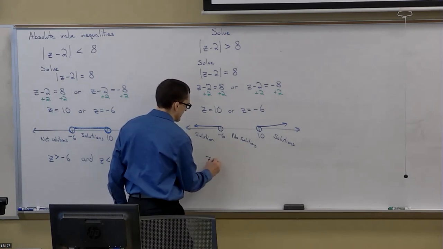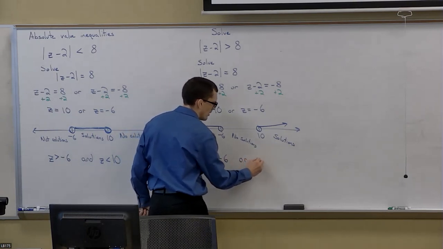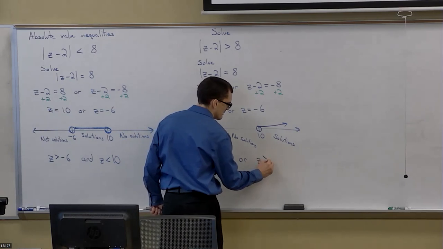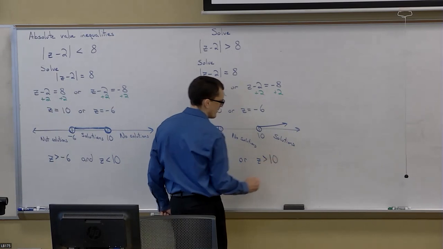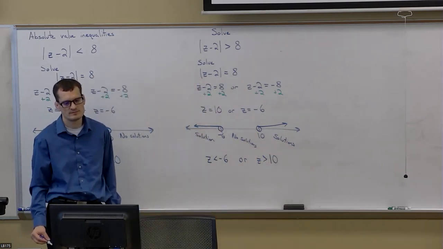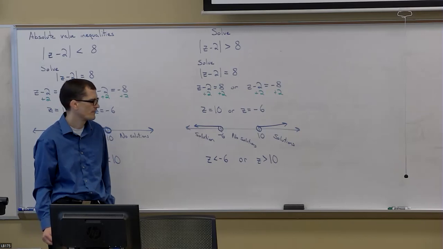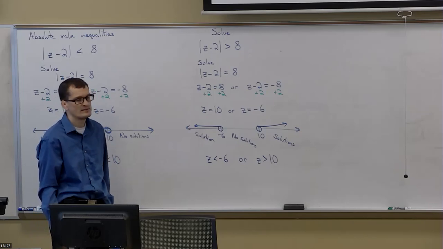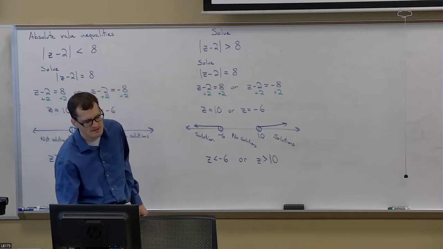Algebraically, this means that our z needed to be smaller than -6, or our z needed to be bigger than 10. That makes sense.